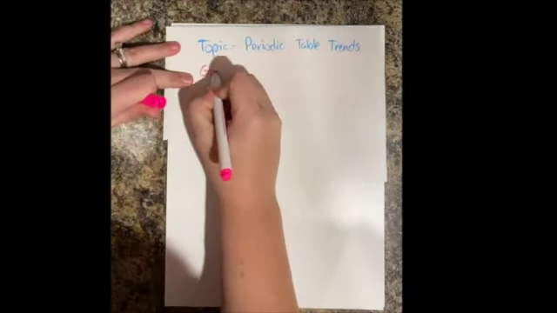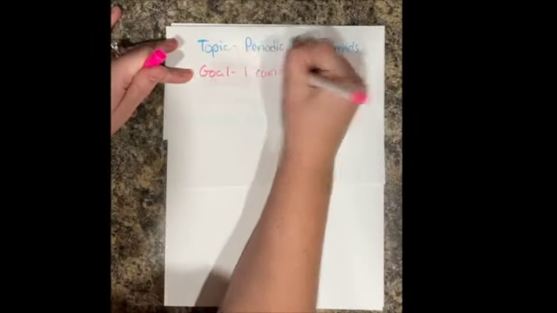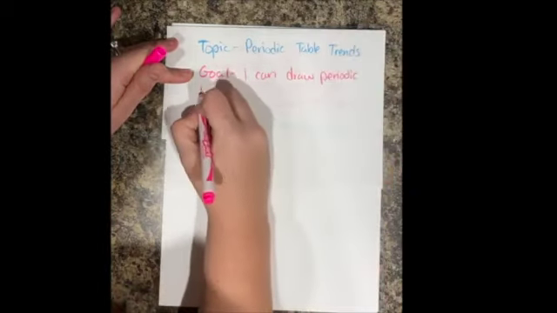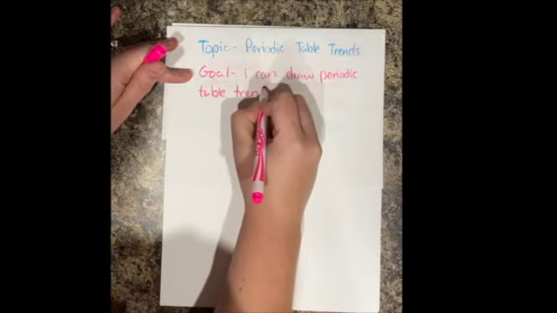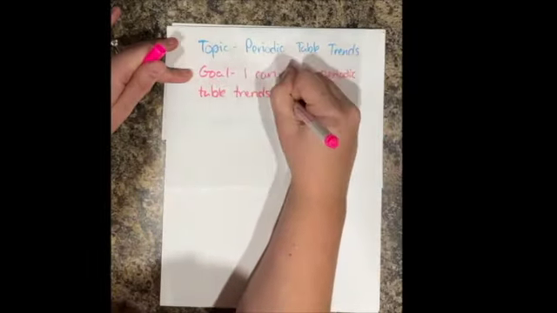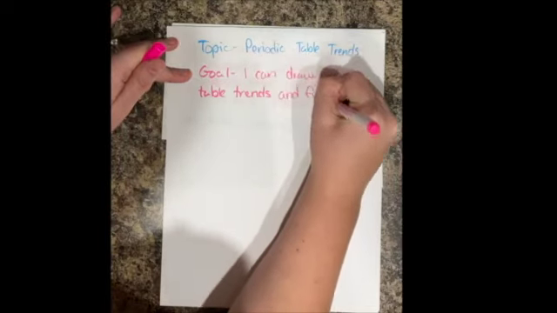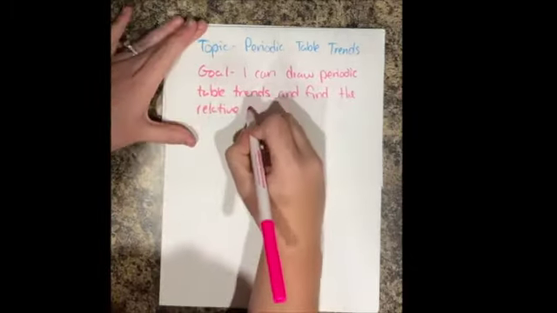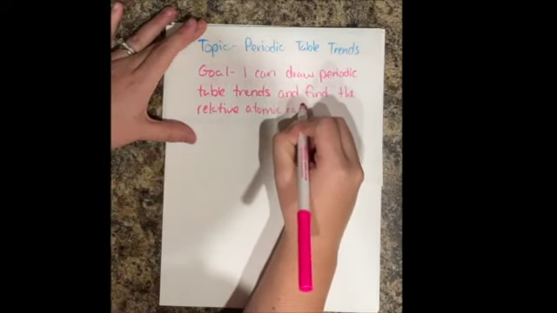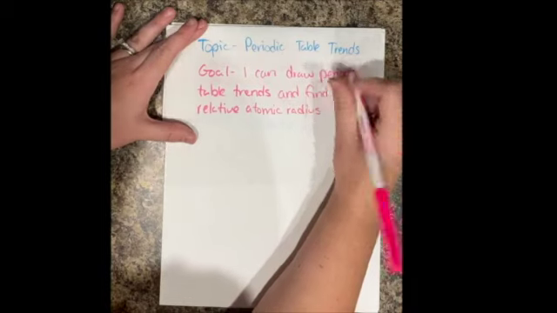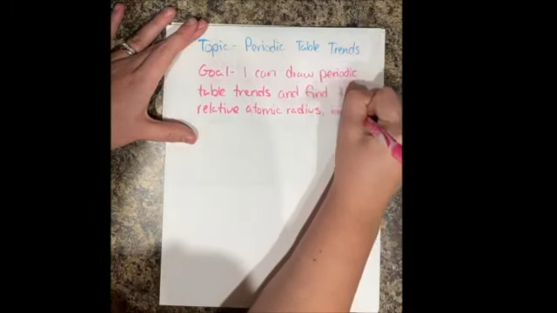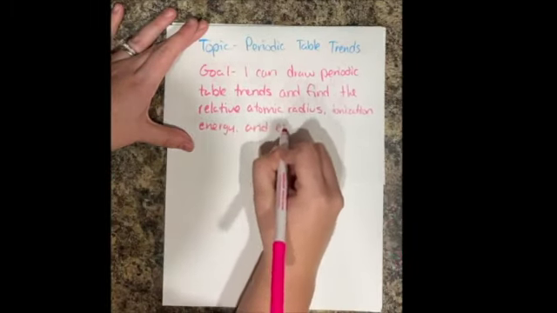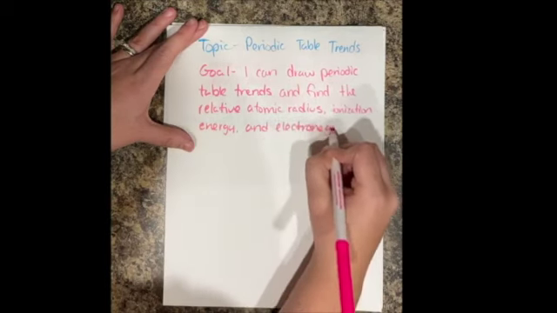Your goal: I can draw periodic table trends and find the relative atomic radius, ionization energy, and electronegativity.